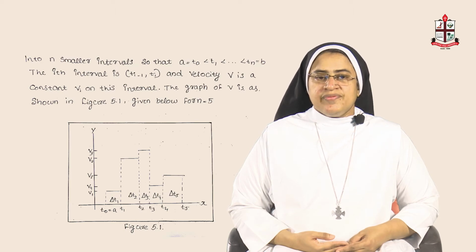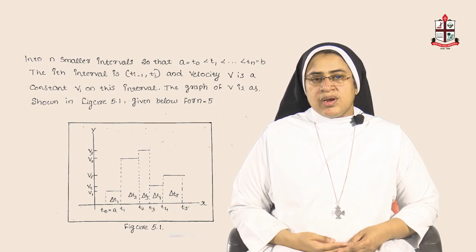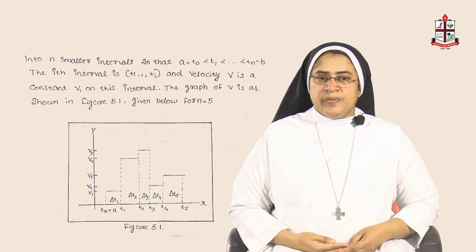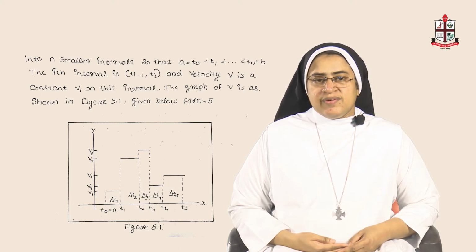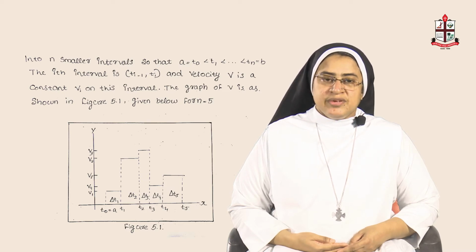The graph of V is as shown in this figure. Here in figure 5.1, n is equal to 5, that is we are considering 5 time intervals and 5 velocities. T0, T1, T2, T3, T4 and T5 are the time bounds, and the velocities are V1, V2, V3, V4 and V5. In the first interval, the velocity is V1 and the time is delta T1, that is T1 minus T0.